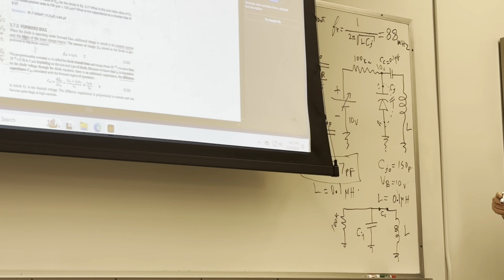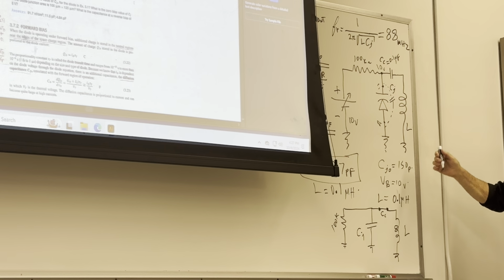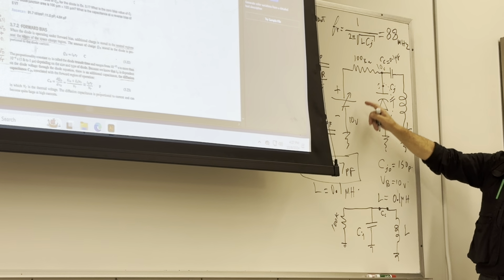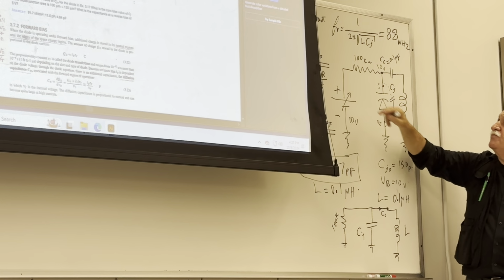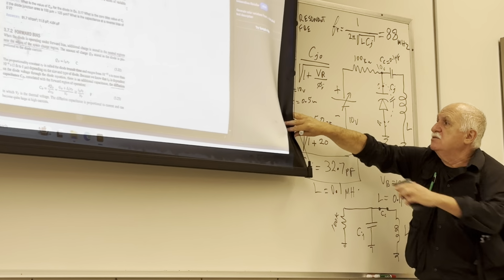Okay, so 88 megahertz is what we got. What will be the lowest end of the frequency we can go? Obviously, if you make this voltage near zero, according to that, you will get nearly 150 picofarad over here.